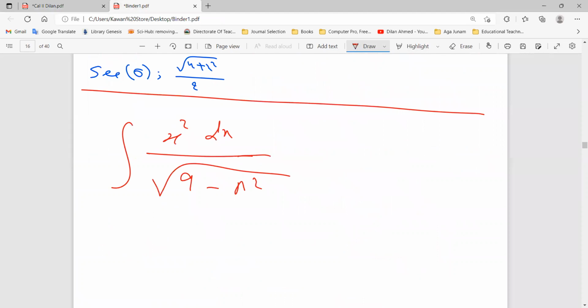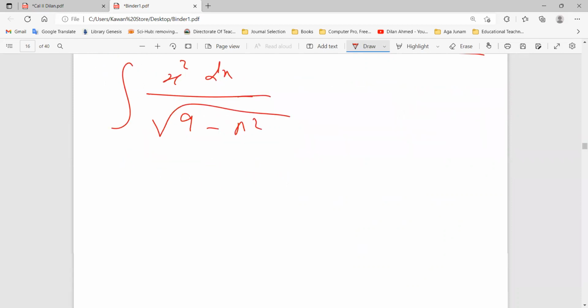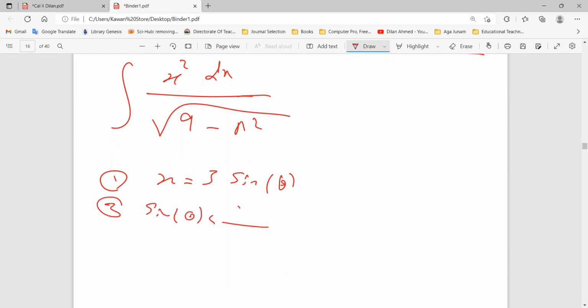So I told you we don't have x squared, a sine inverse. But now I have x squared. So how do we solve that one? Quick. Which formula? Sine, tan, cosine. Sine. So I say x is equal to 3 sine of theta. Second, sine of theta will be x over 3.